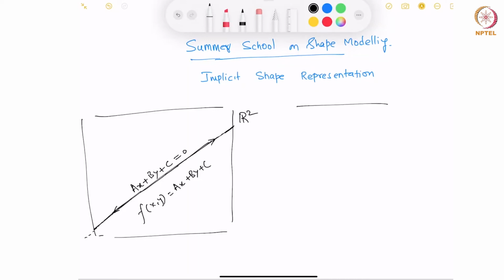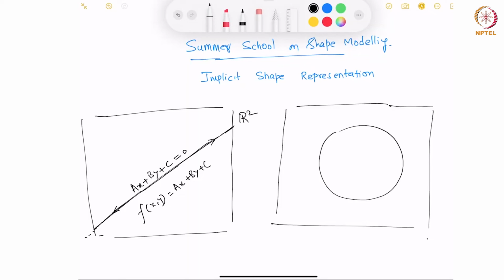And this is true for every implicit function, that it partitions the space, whichever space it is, R3, R2, or whatever, into two partitions. So in the case of the circle, you have f less than 0 and f greater than 0, and depending on the line equation, you will have one part f greater than 0 and one less than 0.